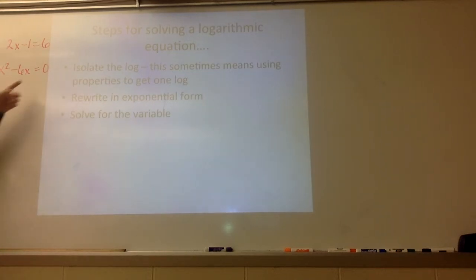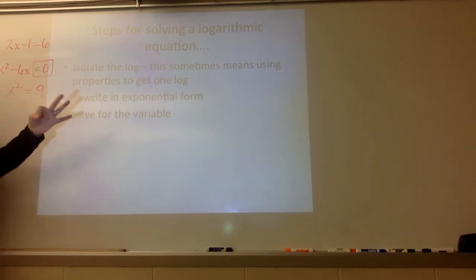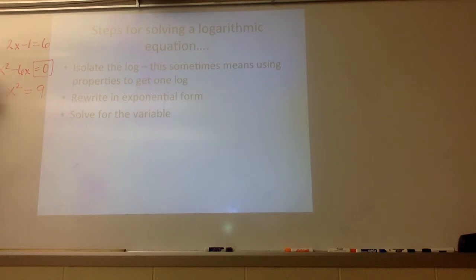Put everything on one side, equal to 0, and then look to factor. If you can't factor, you go to quadratic formula. If it's a special case like x squared is equal to 9, what method can you use? Square root method to solve. Yes? Everybody's with me? So those are your three main methods to solve quadratics.